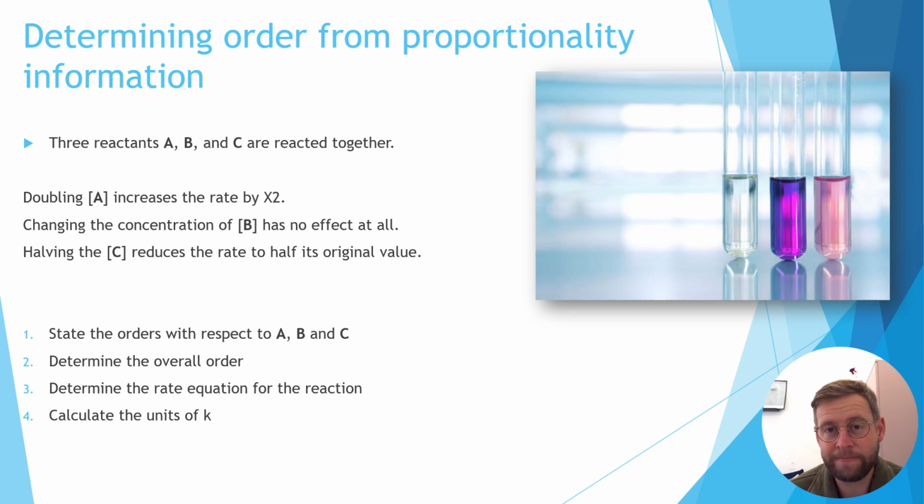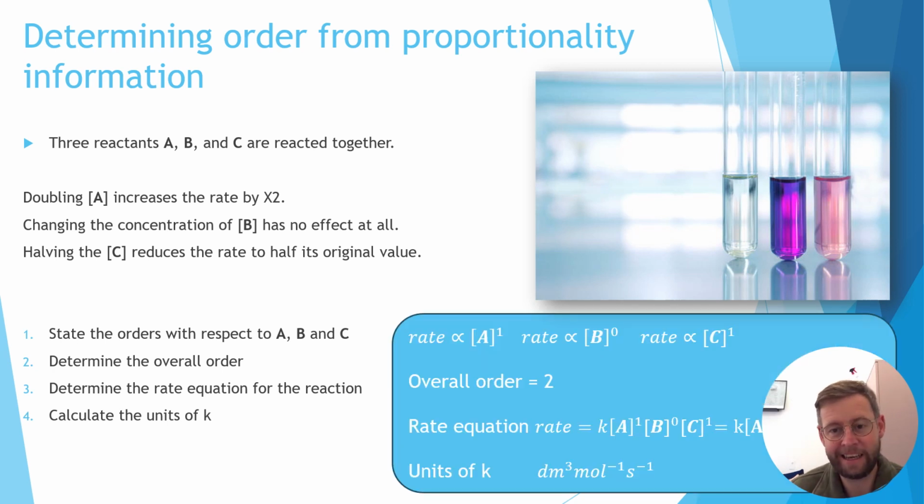The rate equation? Well, the rate would be equal to the proportionality constant k multiplied by the concentration of A to the 1, multiplied by B to the 0, multiplied by C to the 1, which would be the same as k times A times C. And here are the solutions.